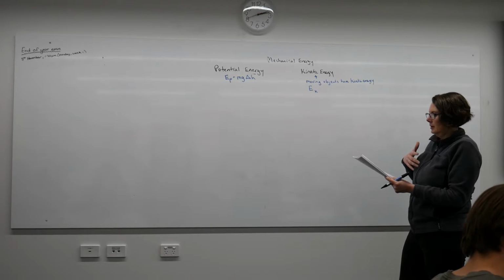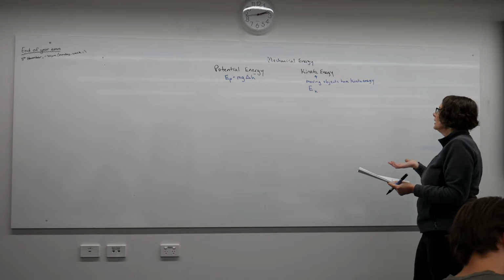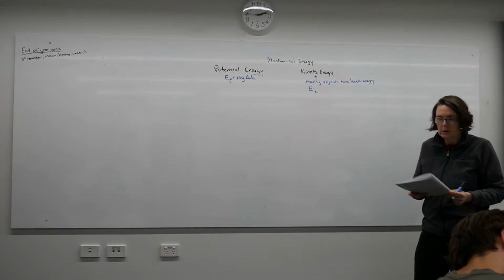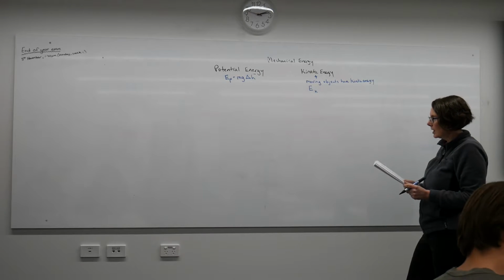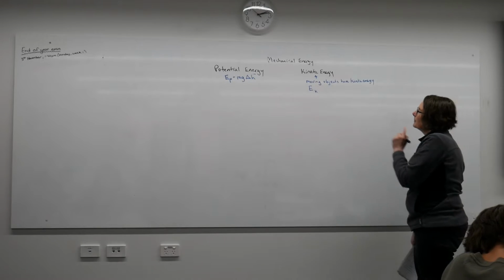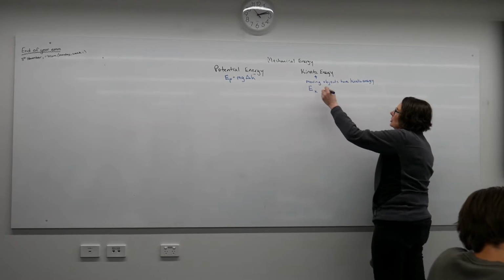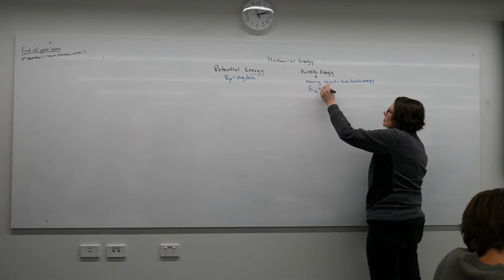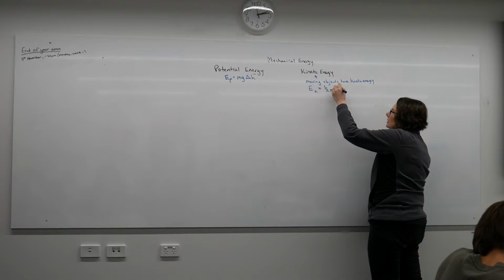And the amount of kinetic energy that an object has is dependent on its mass and velocity. So we know it's already moving because it's got kinetic energy. We have this relationship here where it's a half mv squared.